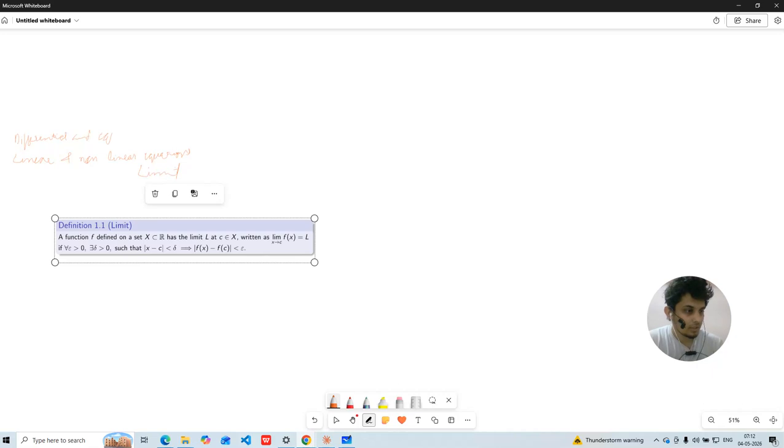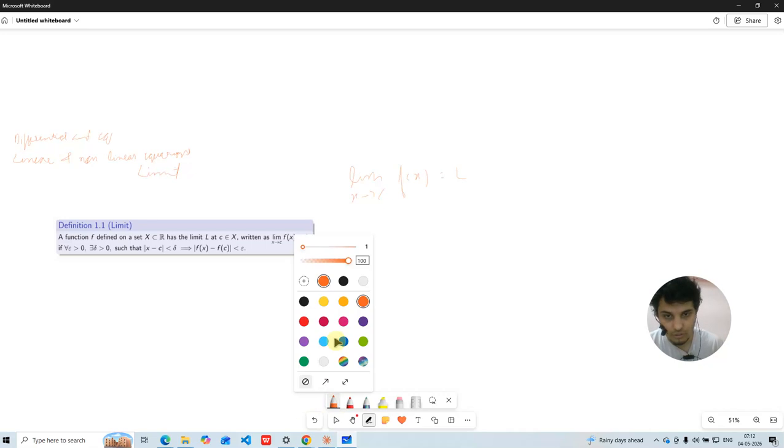The statement cleaned up a bit is: limit x tends to c, f(x) equal to L. Okay, I should change the color, maybe make it 2 and get a better color here.